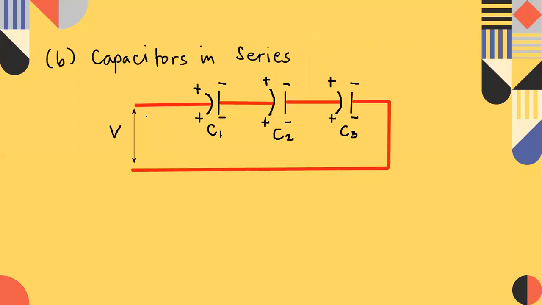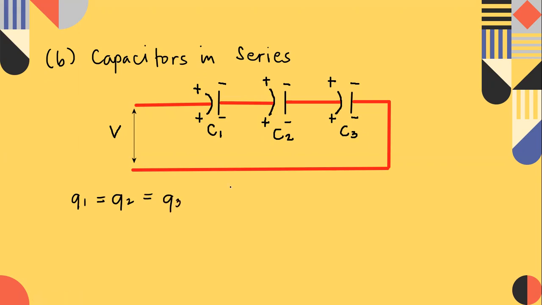Now this one is the figure for the capacitors in series. We have the voltage and the capacitances C1, C2, and C3. Now, for the capacitors in series, for the charges, we have Q1 is equal to Q2, which is equal to Q3.